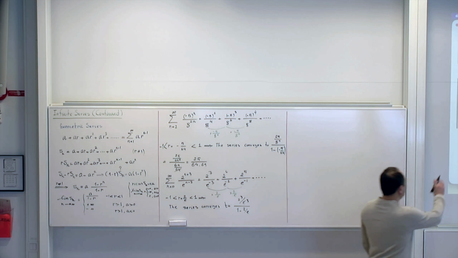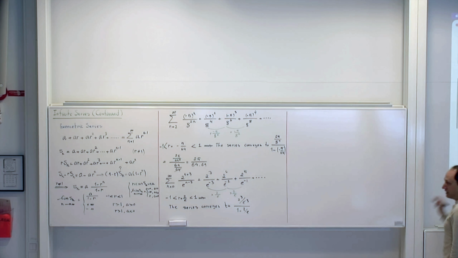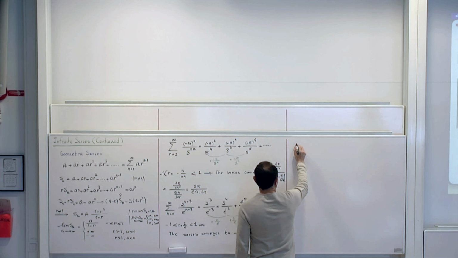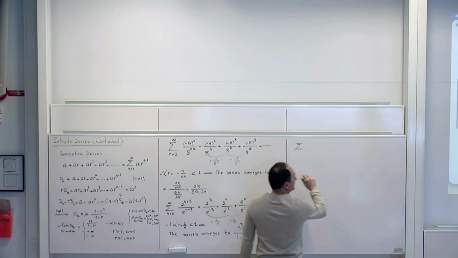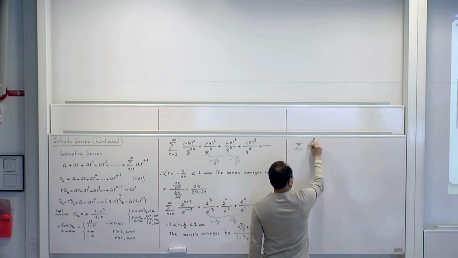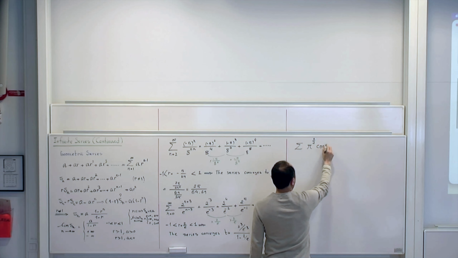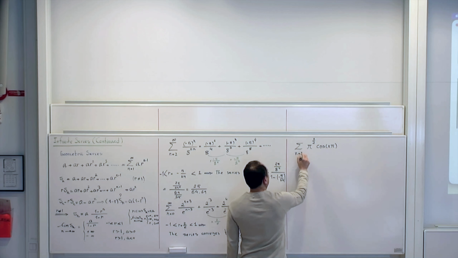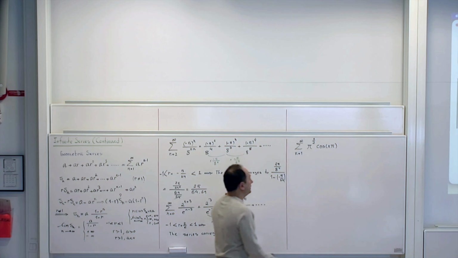Might be it's a slight deviation from the pattern of a geometric series, yes? So, do you think it's a geometric series or not? So I have pi, the famous pi number, to the power of n over 2, but I have cosine n pi, and n goes from 1 to infinity. So what do you think here?